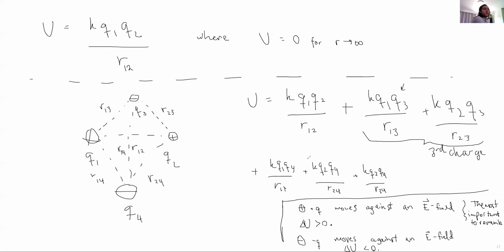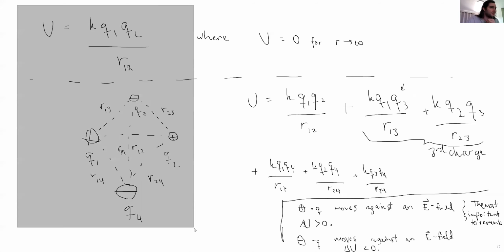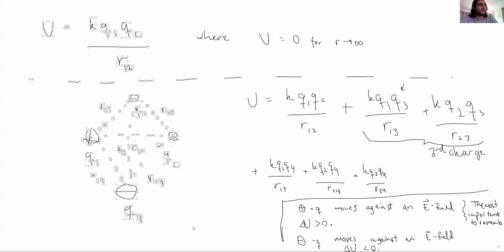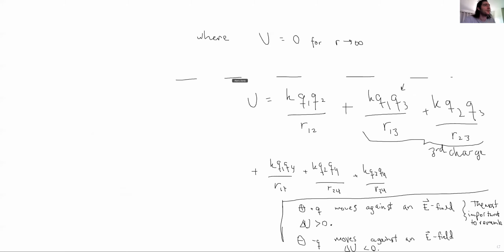Let me just go ahead and quote it to you straight from the book. It's a kind of a messy expression. So, here we go. It's a double summation. The way that they write it in the book here is in the following sense.